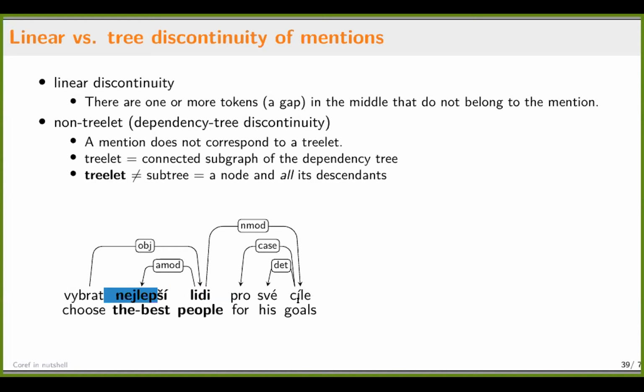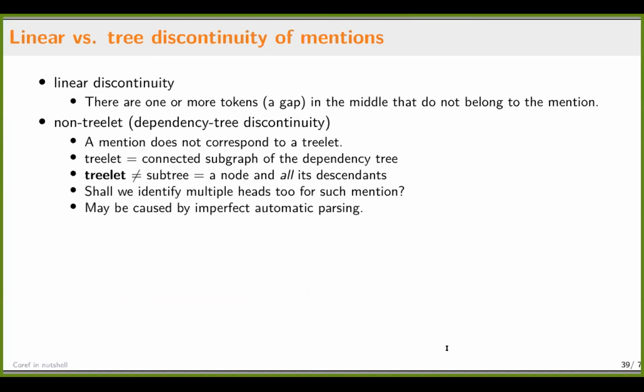So Dan Zeman will talk about automatic detection of these spans, but I wanted to stress that this is still considered a treelet, although it's not a whole subtree. So if it's a non-treelet, it means that there are multiple roots, basically multiple trees.